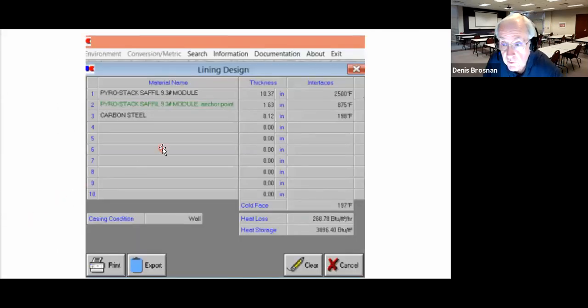And when I did this, you can read down here, cold face temperature 197. You can look at the heat loss, about 268, heat storage, about 3,200 or thereabouts. You can look at some of the interface temperatures up here that are predicted with that lining configuration.